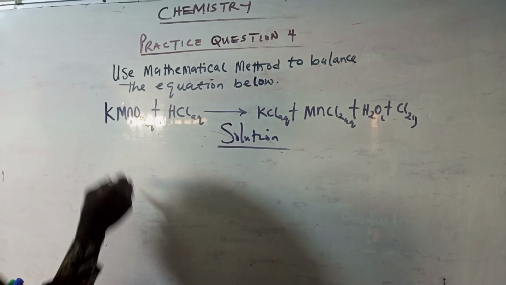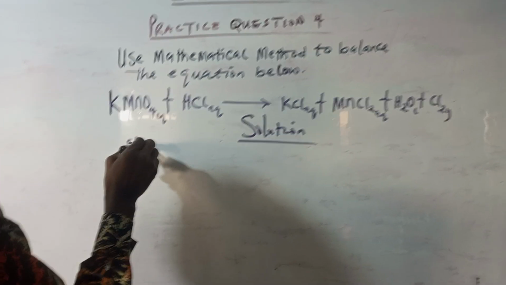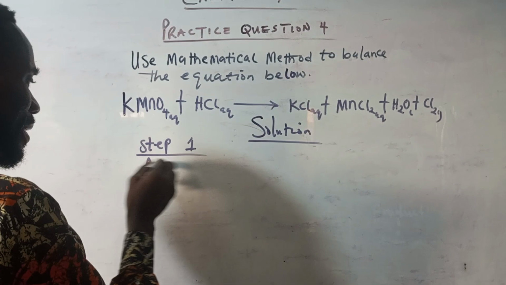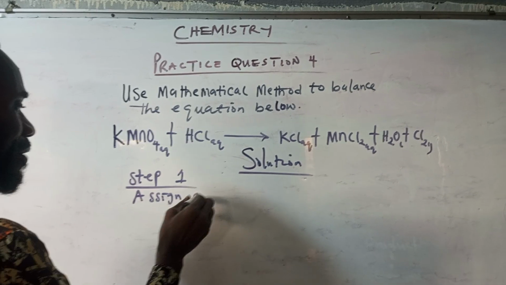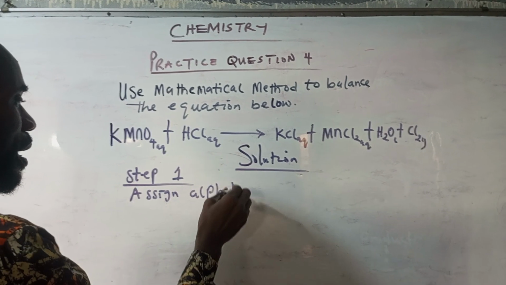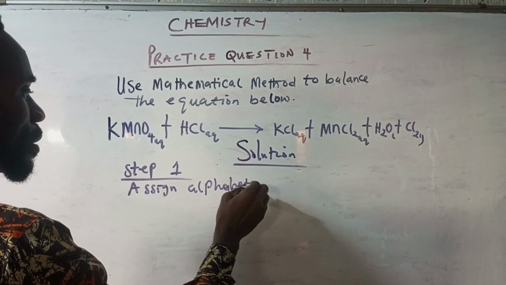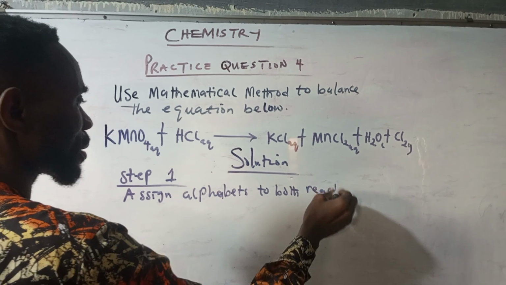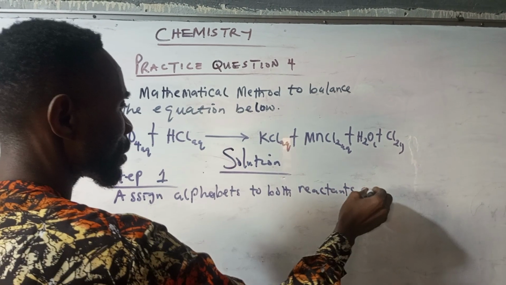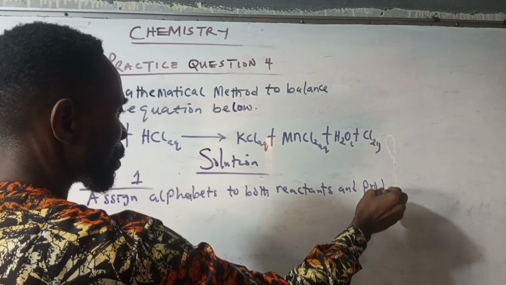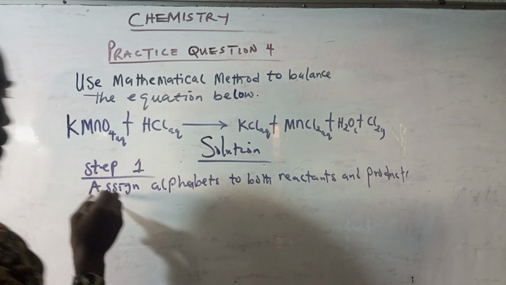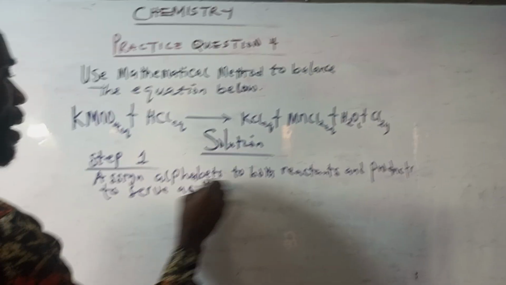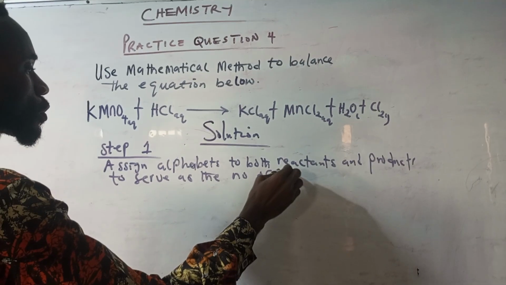We'll start with step 1. And what is step 1? Assign alphabets to both reactants and products to serve as the number of moles.